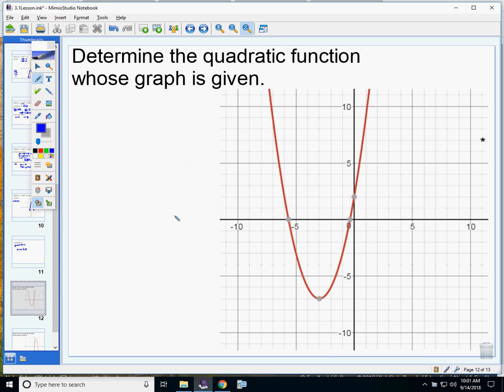If we have this graph and we want to determine the quadratic function whose graph is given, so here's our graph right here. To write the equation to this graph, we first need to find the vertex, which is fairly easy to find on all graphs. It's this point right down here, which is -3, -7.